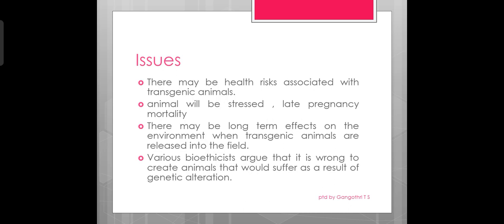Transgenic animals produced may not be suitable for research and for further breeding, so they would simply be tortured for the process and not useful for the research. These are some of the issues that arise with transgenic animal constructs.